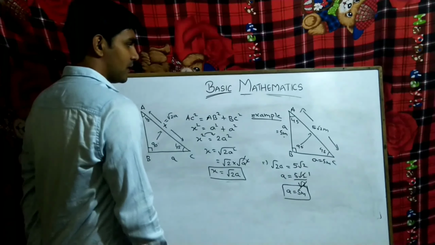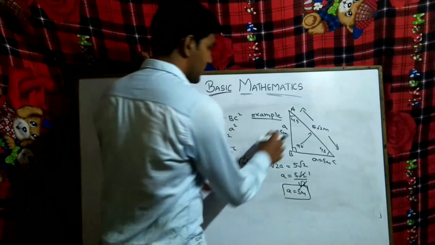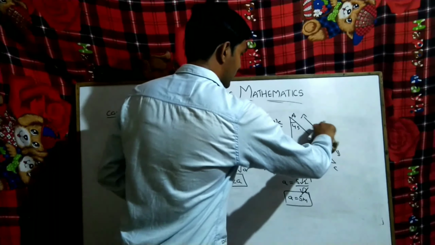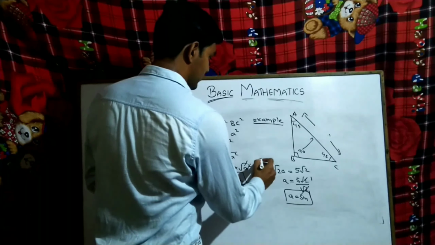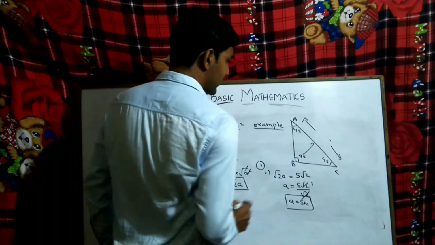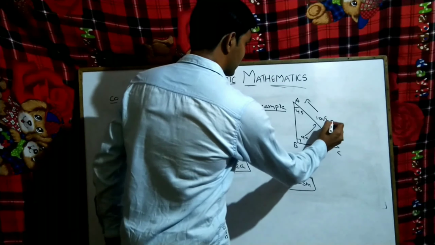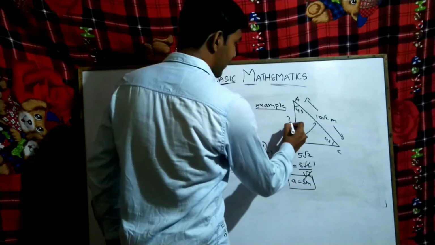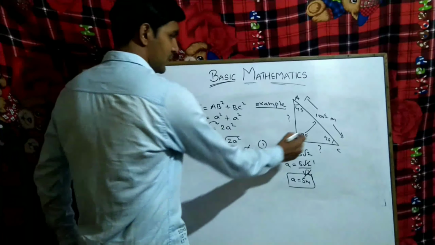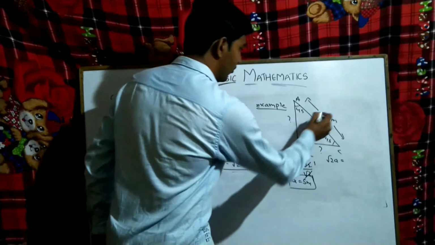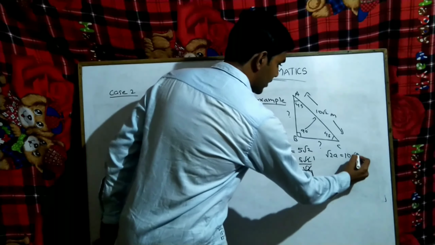Okay, clear? For example, now I will take this 10 root 2. Okay, so we have to find this value. Same only, just 90 opposite root 2A is equal to which value is given? 10 root 2.